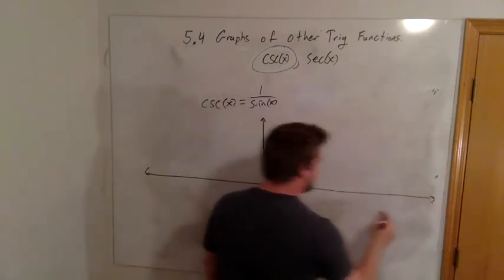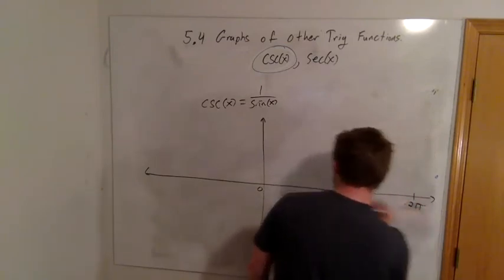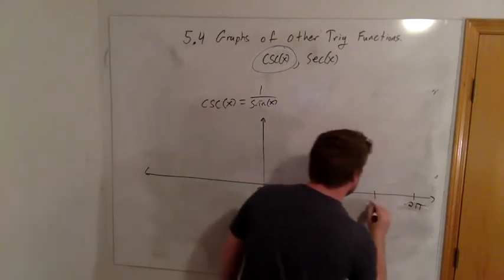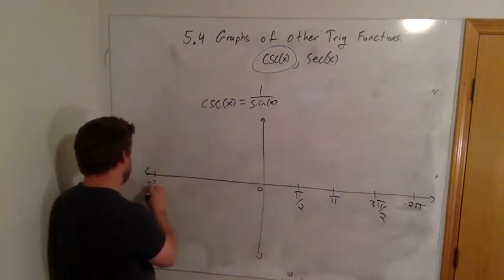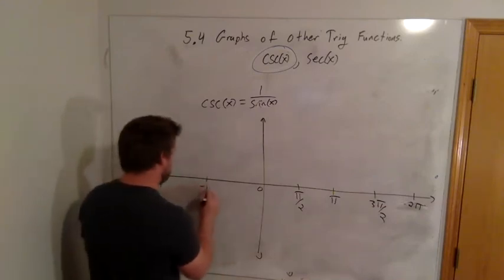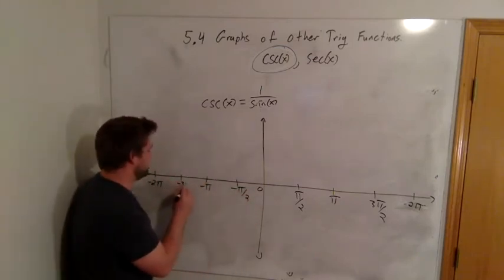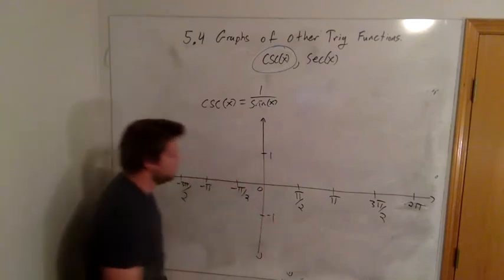Okay, here's 0. Here's 2 pi. Pi. Pi over 2. 3 pi over 2. And sure, negative 2 pi, negative pi, negative pi over 2, and negative 3 pi over 2. Sine has an amplitude of 1.